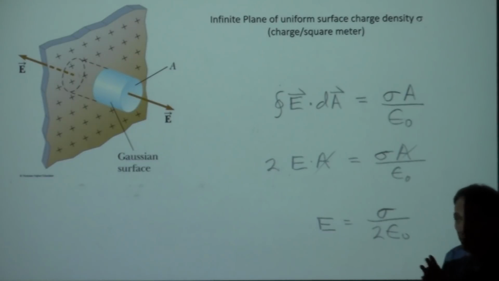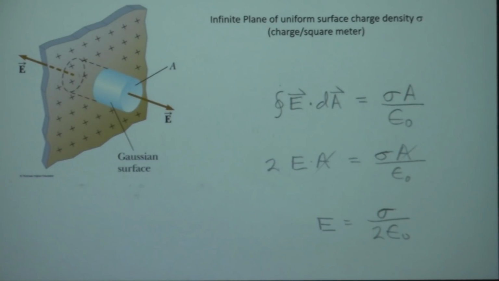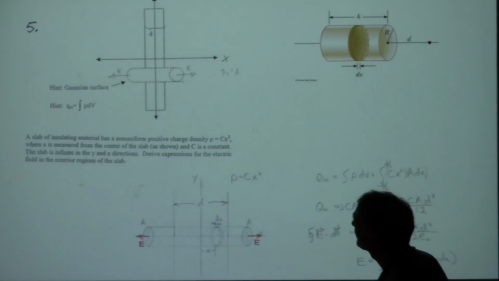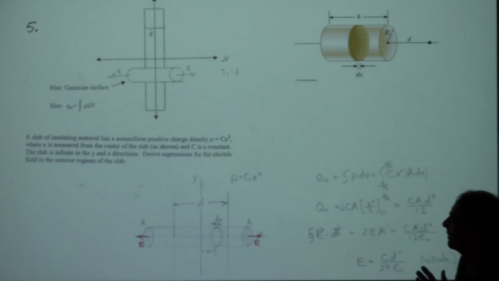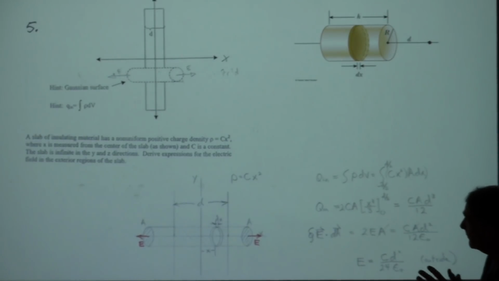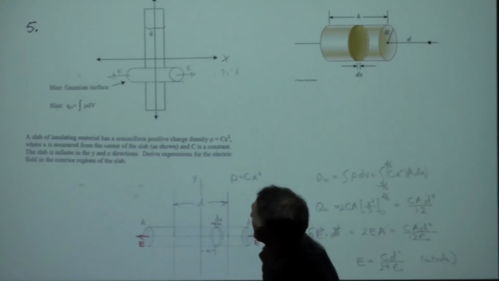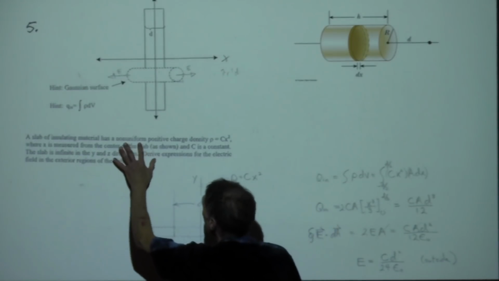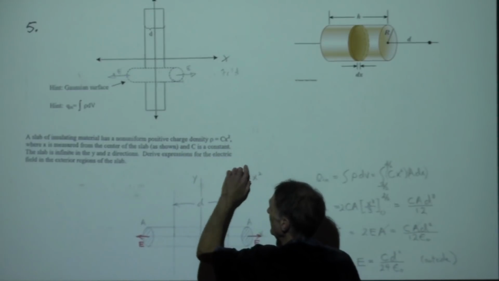Okay, now we got another problem from this. This is a Dr. Young question. You've got a slab of material with non-uniform charge density.